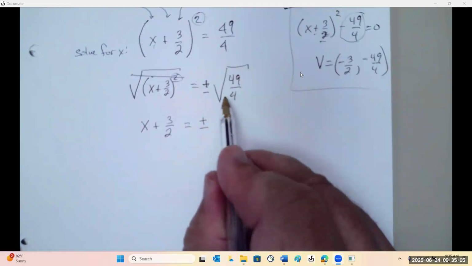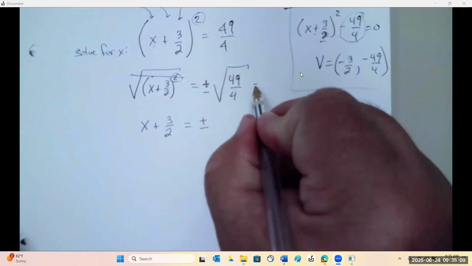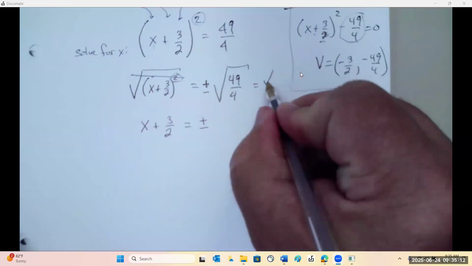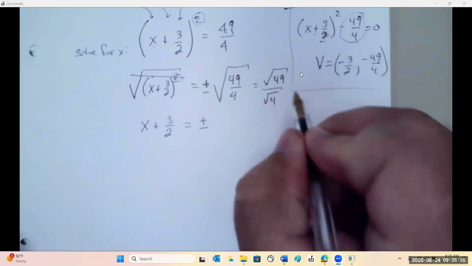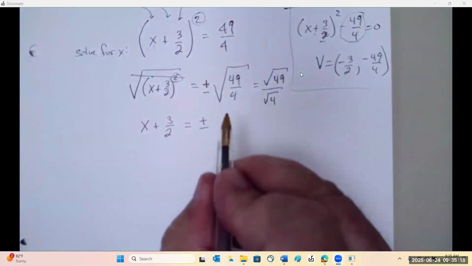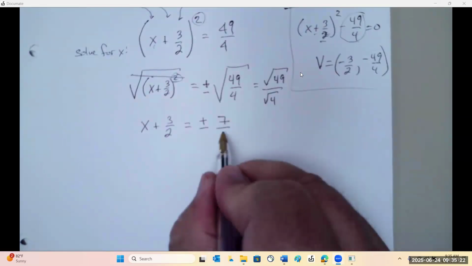With this side, remember, the right-hand side we have to work all the way out. So we can split these up. We have square root of 49 over square root of 4. What is the square root of 49? And square root of 4?